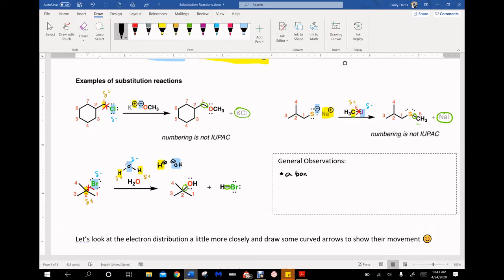So we have a bond to carbon that is broken, and a new bond to carbon that is formed.